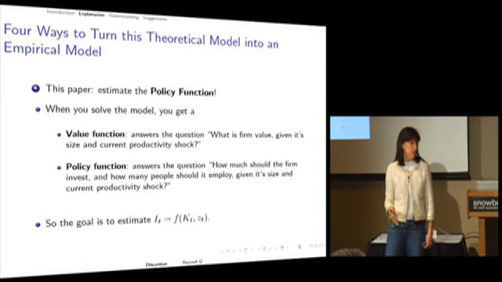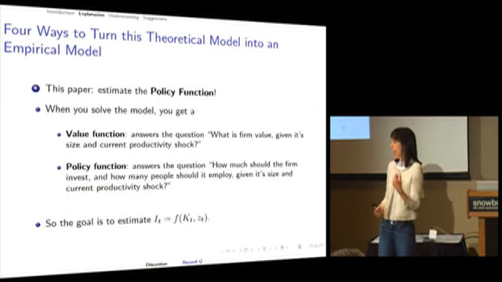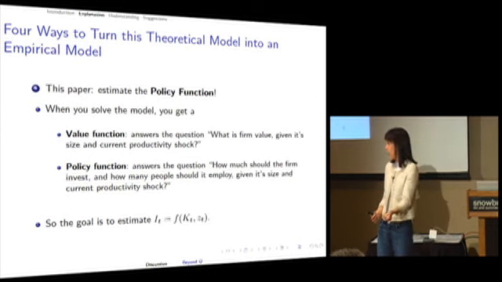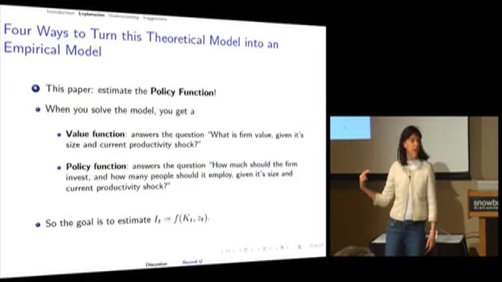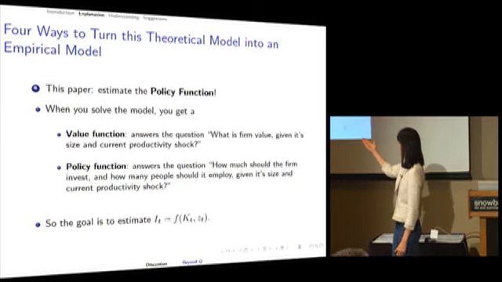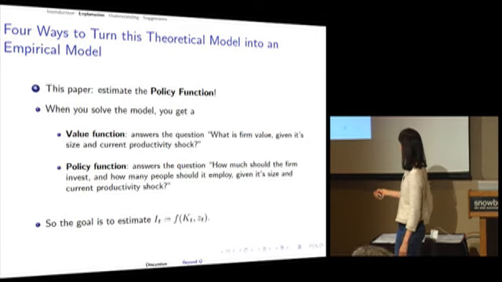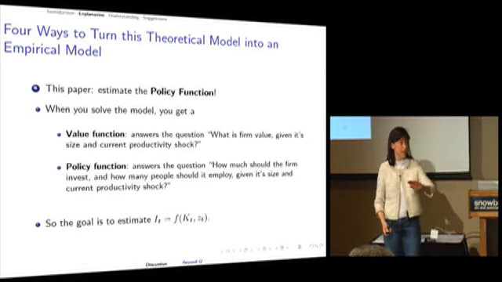The policy function is a rule that says how much I should invest and how many people I should employ if I have this capital stock and get hit with that productivity shock. So they want to estimate the policy function. So I is a function of k and z. And you will notice that there's something missing in this blank spot here, which is an error term. I'll get back to that.